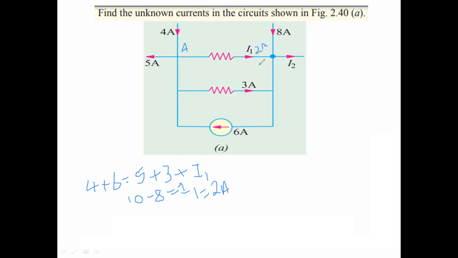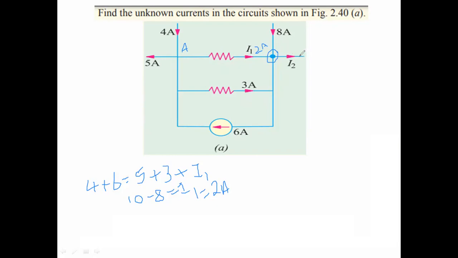Next, coming to this junction. What are the incoming currents? 2 amperes is incoming, 3 amperes is incoming, 8 amperes is incoming, and the outgoing currents are 6 amperes and I2.